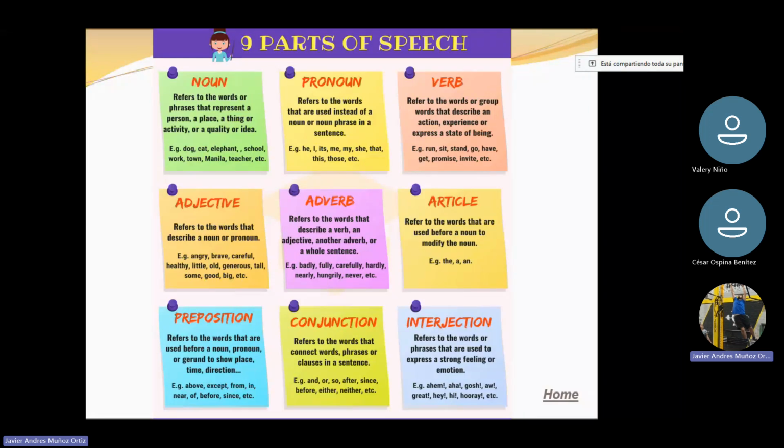What is an adverb? An adverb is a word that gives us a context. For example, one thing is to say Christian runs. Okay, that's understandable.